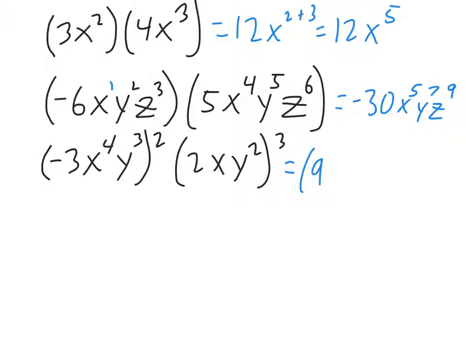Then x to the 4th squared, remember when we have an exponent being raised to an exponent, you multiply them. So x to the 4th squared will give us x to the 8th. Then y cubed squared, again, multiply the exponents, so y to the 6th.